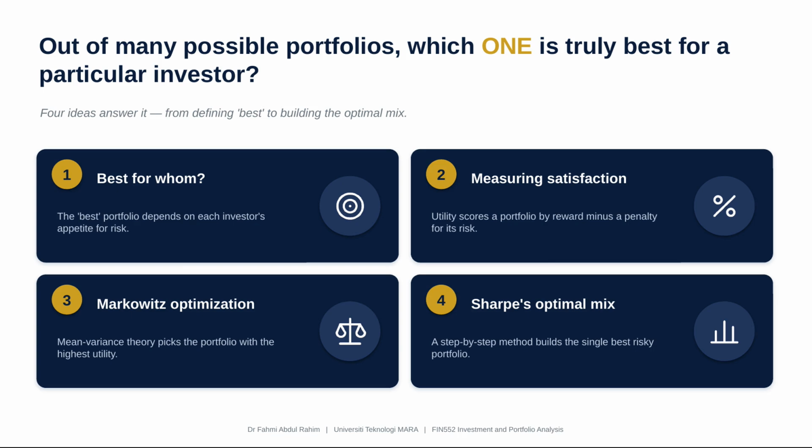The third idea, Markowitz optimization, the mean-variance approach that simply picks the portfolio with the highest utility. And the fourth idea, Sharpe's optimal mix, a precise step-by-step method that builds the single best risky portfolio from a list of individual stocks. These four ideas are the journey of the chapter. First, let us see who relies on this in the real world.